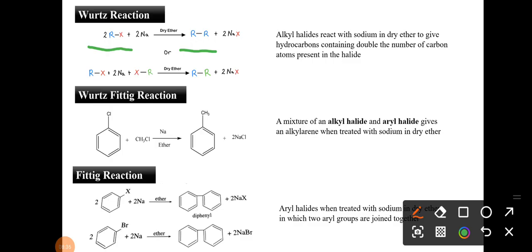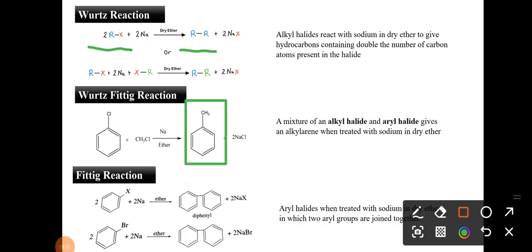What is the Wurtz-Fittig reaction? Here we have an aromatic halide like chlorobenzene, a mixture of an alkyl halide and an aryl halide. Means a mixture of aromatic and aliphatic gives alkyl arenes when treated with sodium in dry ether.